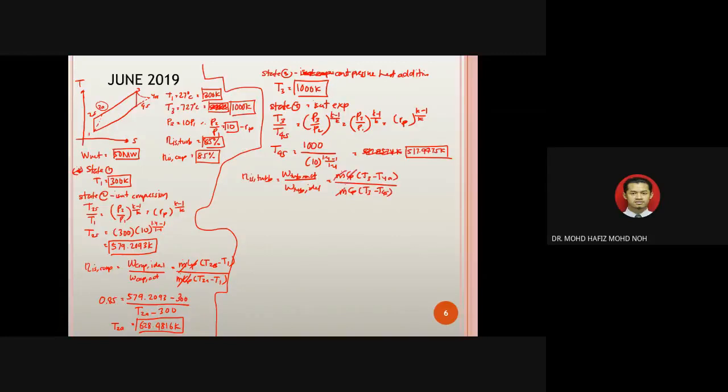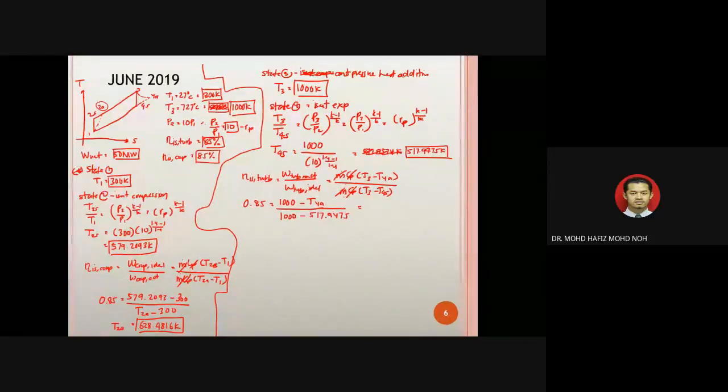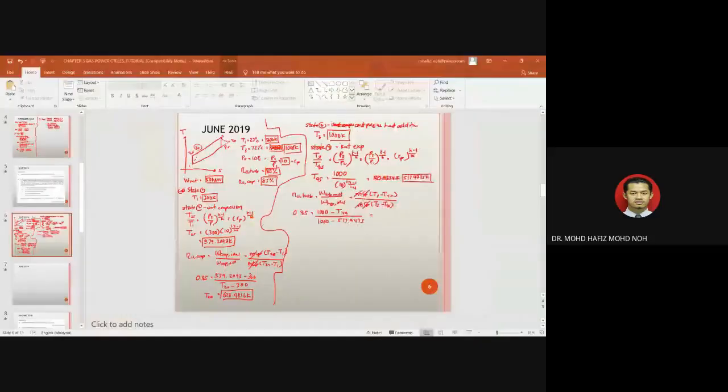So this one can be cancelled out. So they give you in terms of the temperature. So the isentropic efficiency for the turbine is 0.85, and the value of T3 is given as 1000 Kelvin, so 0.85 equals (1000 minus T4 actual) divided by (1000 minus T4S). T4S actually is equal to 517.9475. So from here, you will get the value of T4 actual.